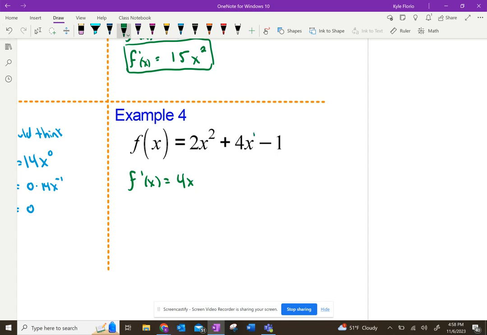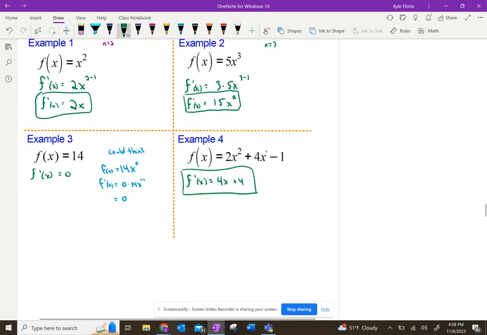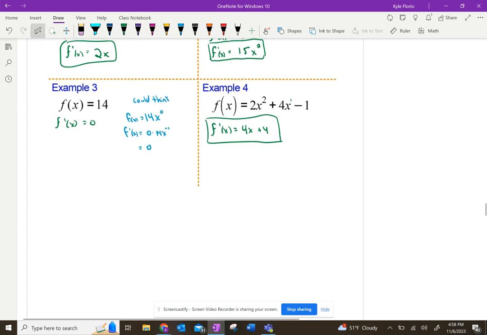For 4x, think of that as 4x to the first. 1 times 4 is 4, so it's going to be 4x to the 1 minus 1 is 0. And anything to the 0 is 1, so that's going to be 4 times 1, which is just 4. And the derivative of a constant is 0, so we don't need to do minus 0. The derivative of 2x squared plus 4x minus 1 is 4x plus 4. Okay.